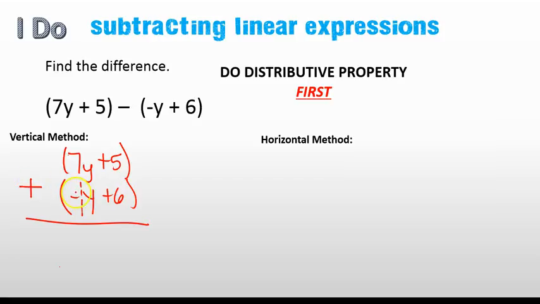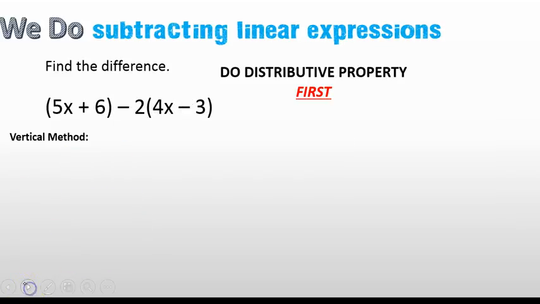I'm going to change this to the opposite. And then I have to also do the opposite of this, because you're distributing that negative to everything inside the parentheses. So now it's 7y plus positive 1y is 8y. 5 plus a negative 6, that's going to be negative 1. So 8y minus 1.